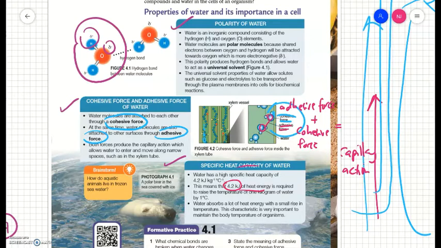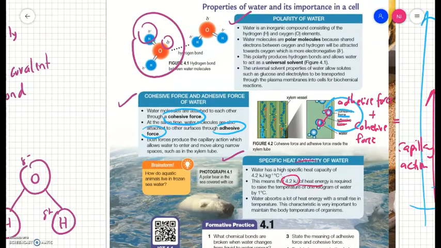degree Celsius. Contohlah, for you to understand, there is a glass of water at room temperature, let's say 28 degrees Celsius. Then we want to raise the temperature, so we need 4.2 kilojoule.